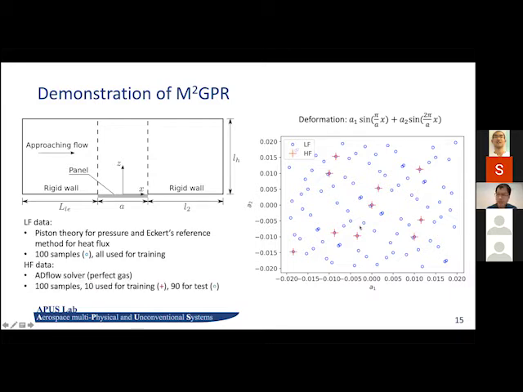While for the high fidelity data, we actually also generate 100 samples over each of these blue dots. But when we do the training, we only consider these red crosses. So we only have 10 high fidelity data for training, while the other 90 high fidelity samples are for testing.